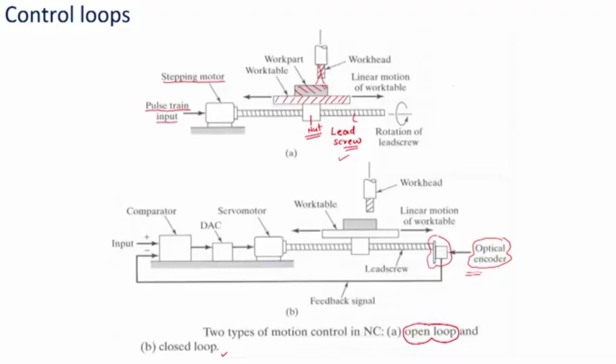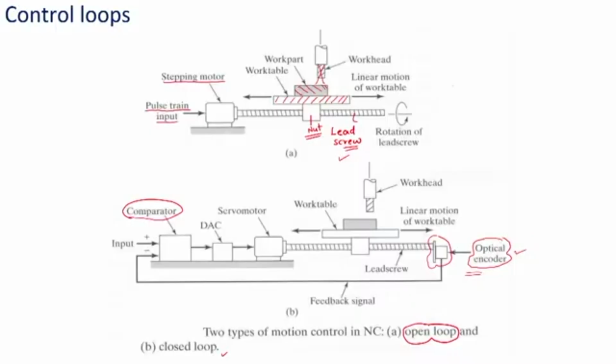By comparing these two, the microprocessor is taking the action. If there is an error in a positive or a negative way, accordingly there would be changes in the signals given to the servo motor. So, the motor will get the modified signal if there is an error, and accordingly we can get the efficient movement, not only efficient movement, the precise movement of the table for the given input data.